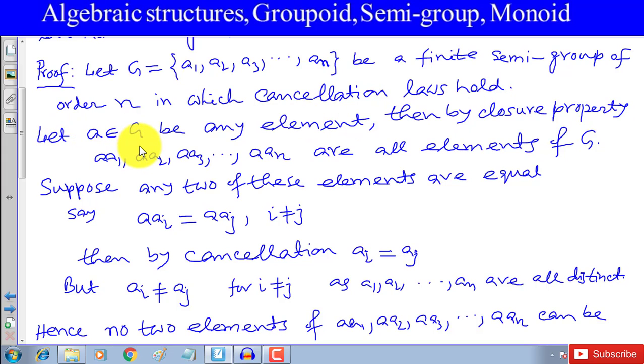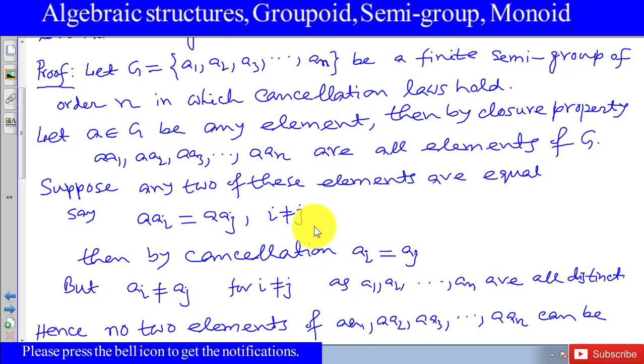Let A belongs to G be any element, then by closure property AA1, AA2, AA3 up to AAn are all elements of G. Suppose any two of these elements are equal, say A Ai is equal to A Aj, for i not equal to j.